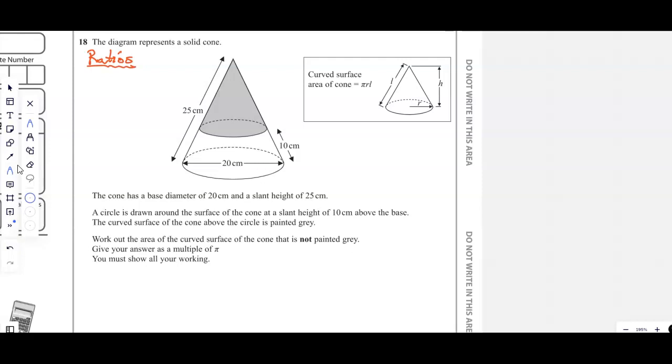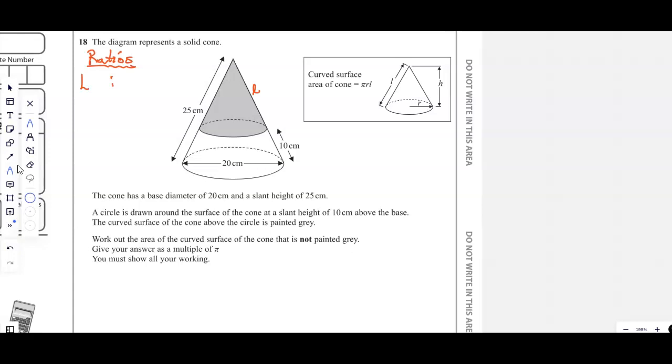So we have the slant height for the large cone as 25 centimeters. I'm going to use that as capital L. We need to work out the slant height of the small cone.